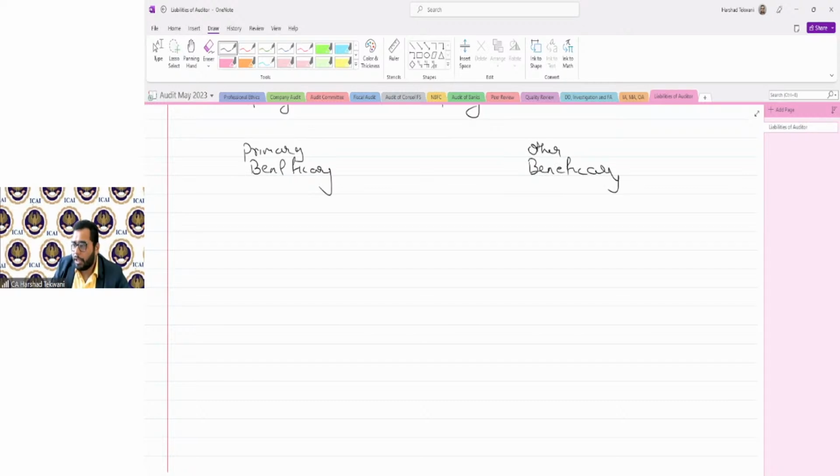Okay. Now, the primary beneficiary is the one who is identified to the auditor by name. So auditor knows him by name, and who is to be the primary recipient of the audit report. So if I talk about this primary beneficiary, it means the auditor knows him by name, and that should be prior to the audit.